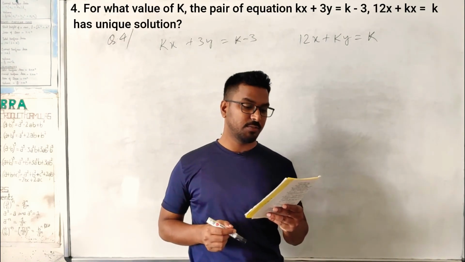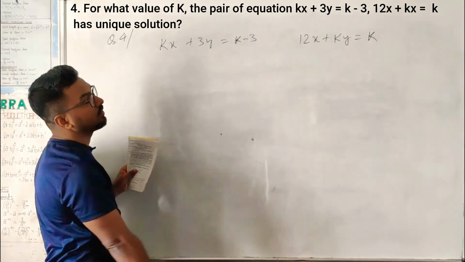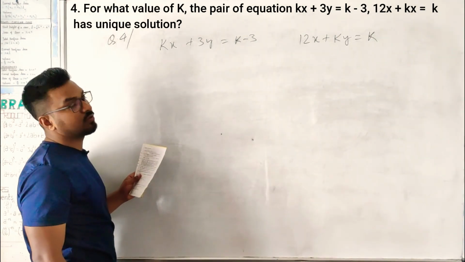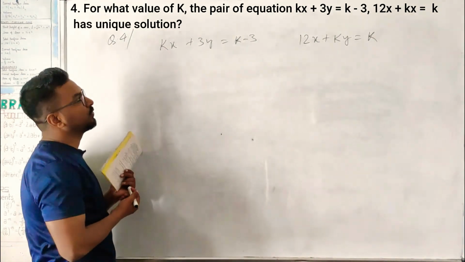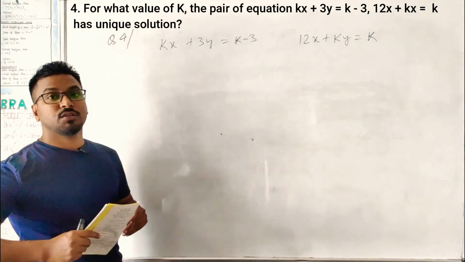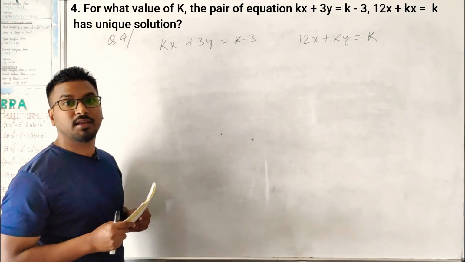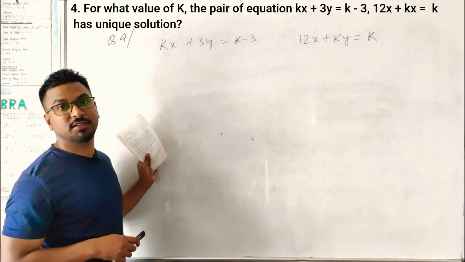Fine. So our next question is given: for what value of k, the pair of equations kx plus 3y equals to k minus 3 and 12x plus ky equals to k. So what we will do? We will find what is a, what is b and what is c. As you know, for a unique solution, what is the formula for a given pair of linear equations?